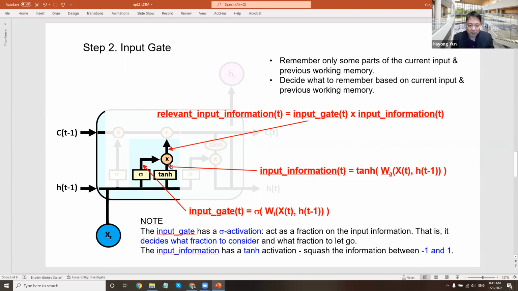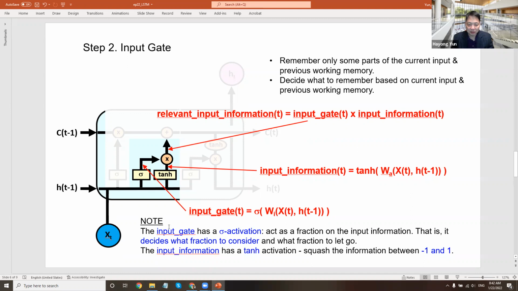And what's being multiplied here gets what we call the relevant input information, which is the input gate times the input information. So a number between 0 and 1, and here it's basically h and x. It will tell whether it was a very small number or very large number by giving a -1 or 1 signal. Multiplying this together will get you a number between -1 and 1 if it's fully switched on, and if it's a very small number, it's 0, then it will be 0 anyway, isn't it?